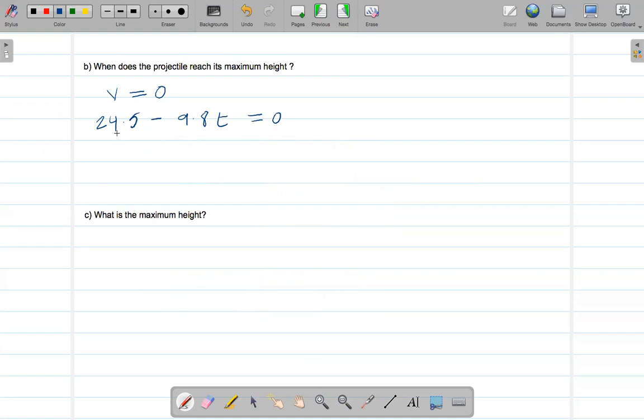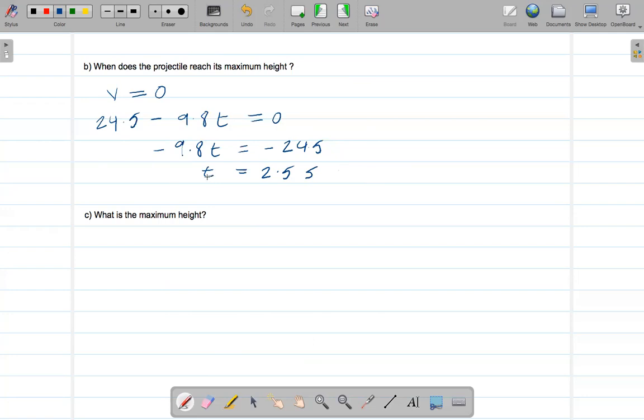Now move this to the other side: negative 9.8t is equal to negative 24.5, and then divide by negative 9.8 on both sides, so the negatives cancel, and t is 2.5 seconds. All right, so again, you have to write the unit. This is the unit of time. You can simply write s. You don't have to write secs.